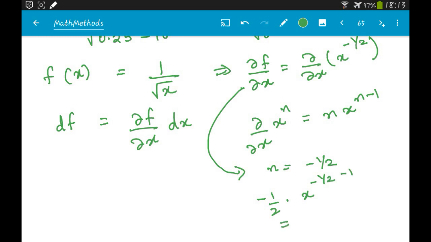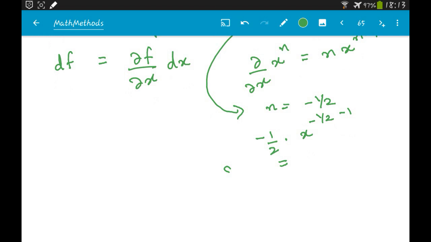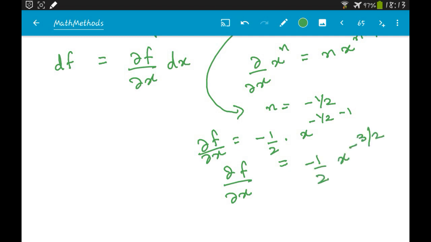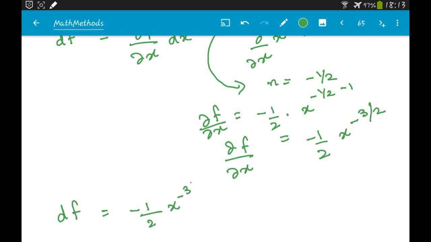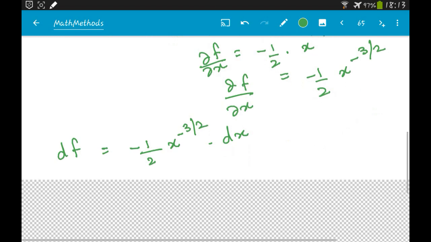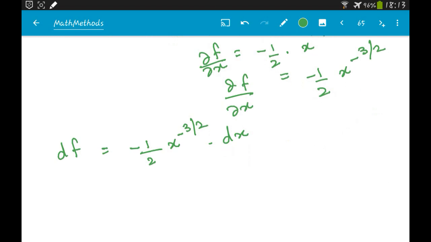So dou f by dou x is equal to minus half into x power minus 3 by 2. So df is nothing but minus half into x power minus 3 by 2 into dx.